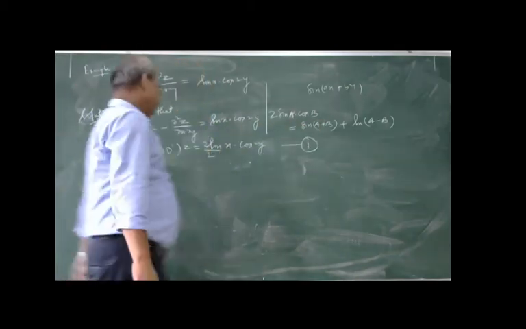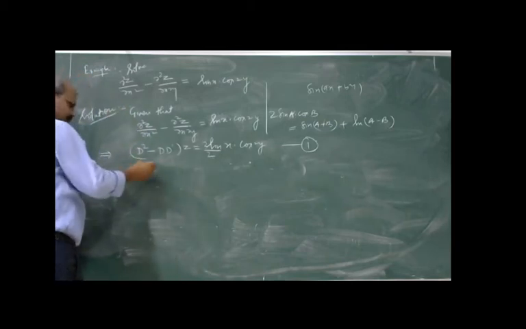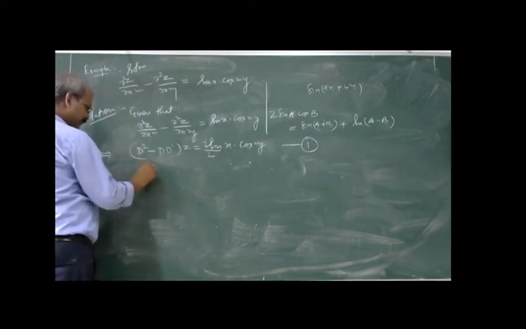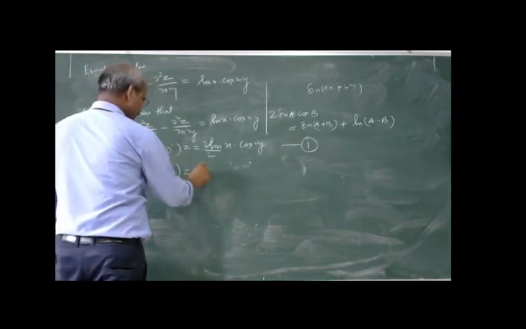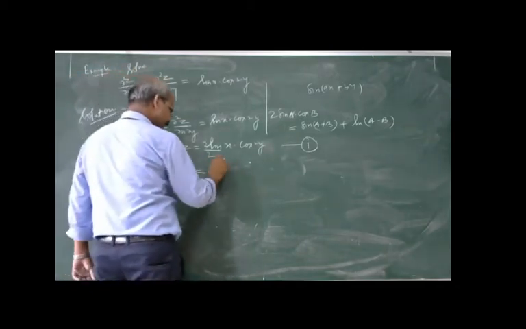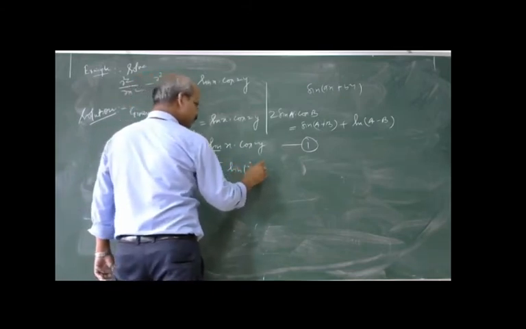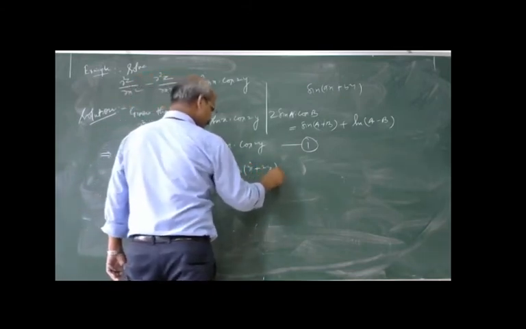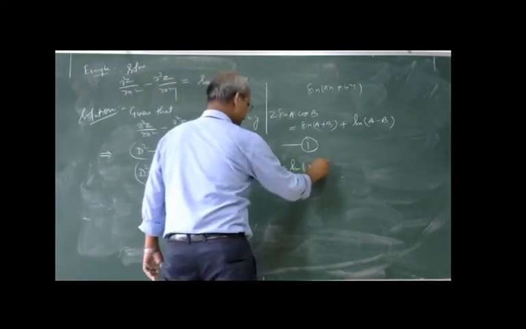Okay, so from here it can be done again like this: 1 by 2 of sin(x+2y) plus sin(x−2y).